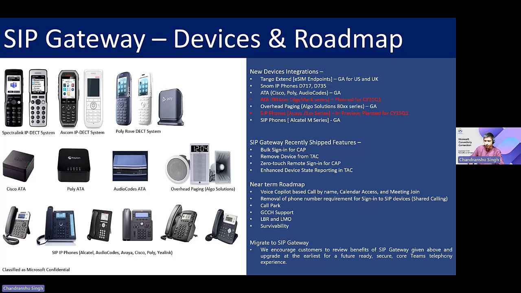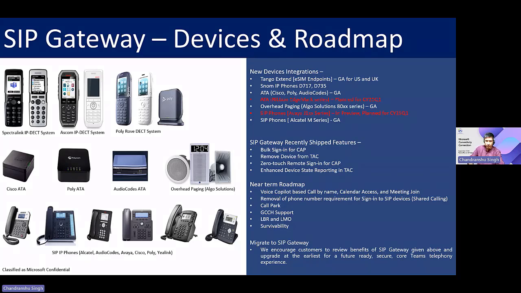So we're working on improving our analog support. In addition to the 3 OEMs whose ATAs and analog voice gateways we already support, we're going to add Ribbon Edgemarc ATAs to our compatibility list.